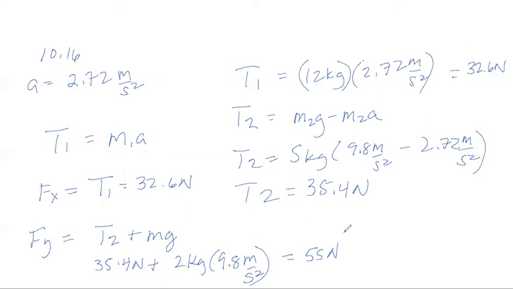All right, that was 10.16. 10.24 reads, a uniform marble rolls down a symmetrical bowl, starting from rest at the top of the left side. The top of each side is a distance h above the bottom of the bowl.